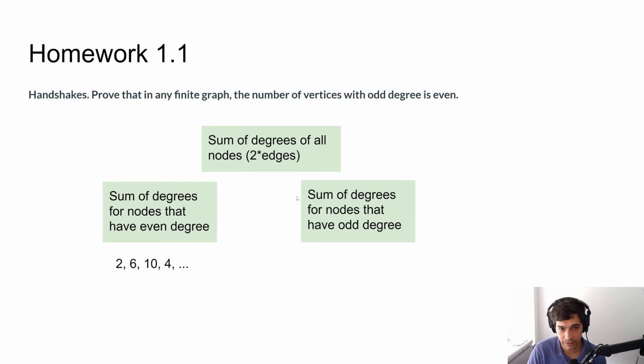We know that this must be an even number, because the left-hand side is an even number, and that's the only way the top one is going to be even. We know that we can't have an odd number of nodes that have odd degree here, because otherwise this would be a red box, but it's a green box. So this must be an even number of nodes that have odd degree.